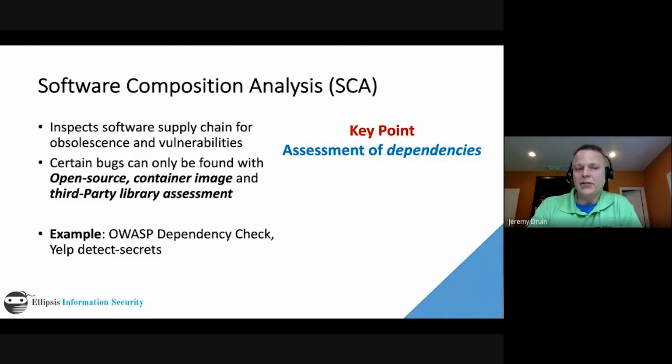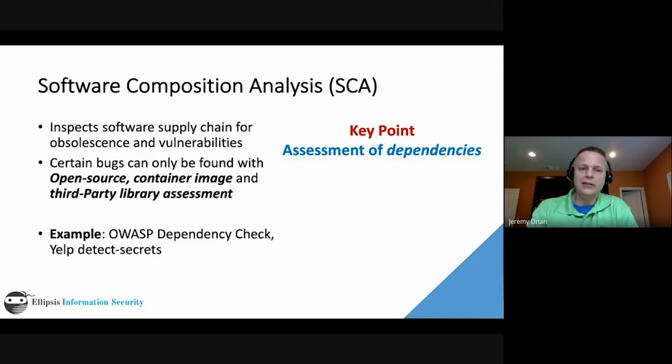Software composition analysis is still essentially static application security testing, but it's not of our code. This is testing the other dependencies that we're using, that we're borrowing from others.